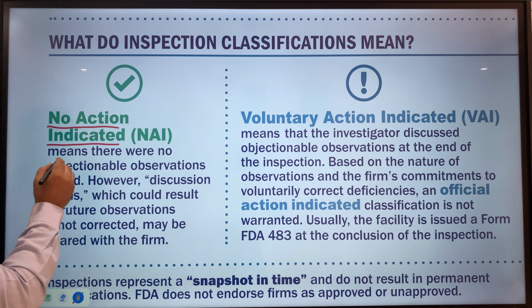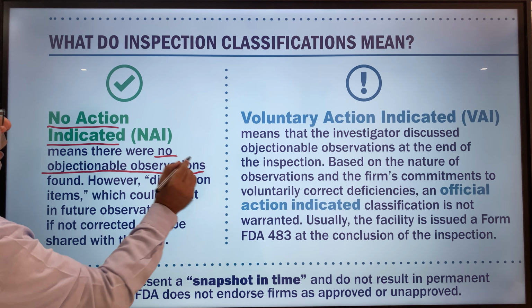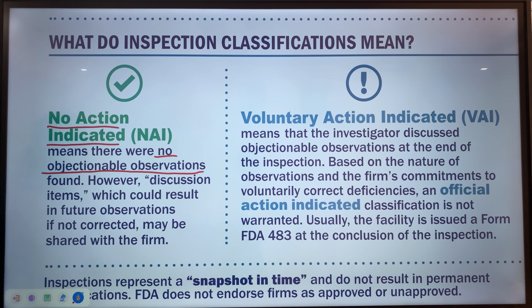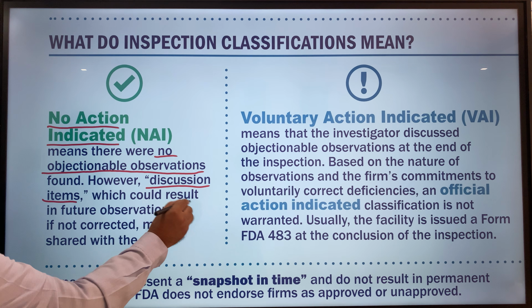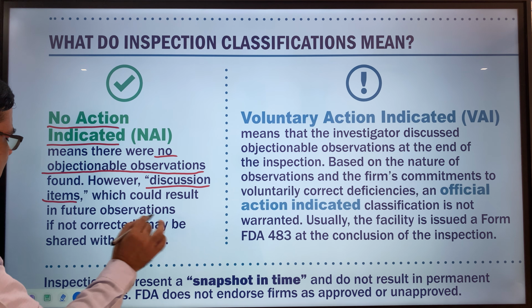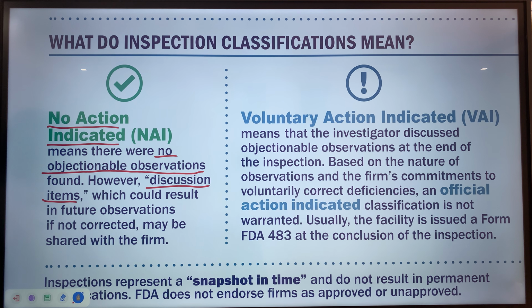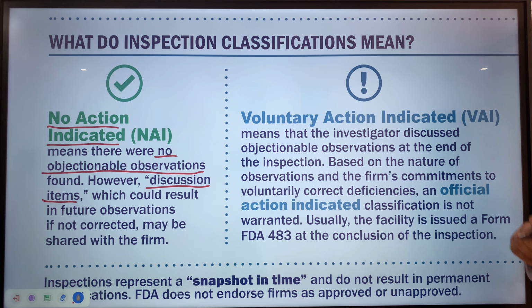This means there were no objectionable observations found. However, discussion items which could result in future observations, if not corrected, may be shared with the firm. So this is the meaning of no action indicated or NAI.